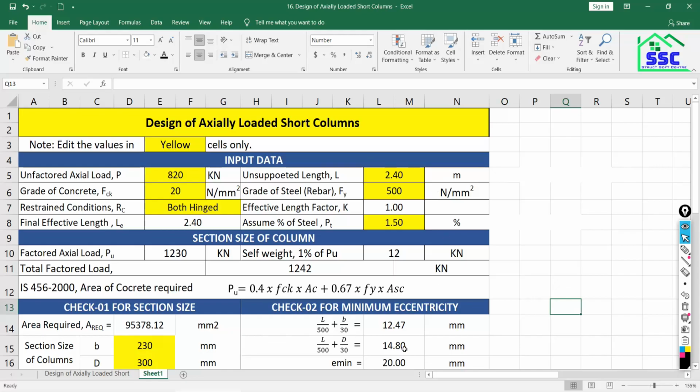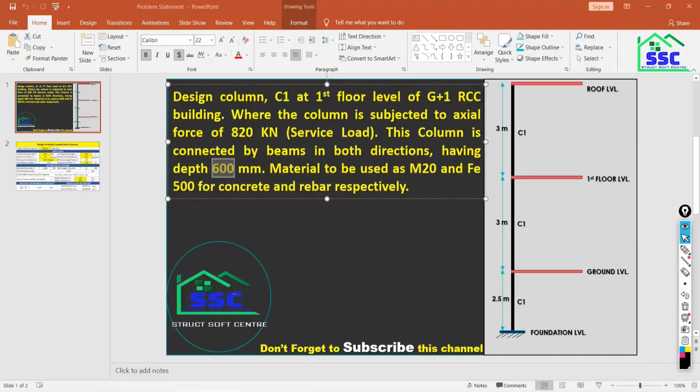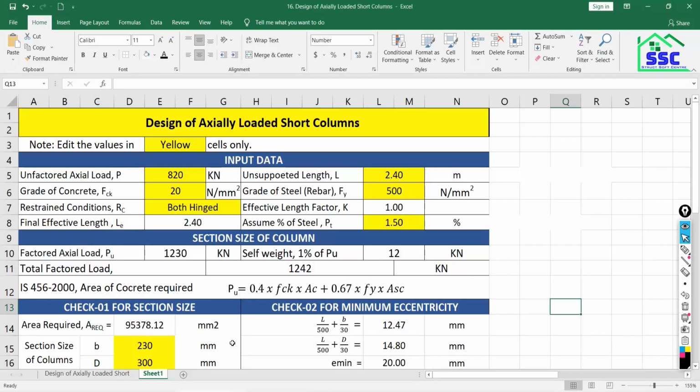In the given example, the total length of the column is given here, but in our calculation we need to put the unsupported length of the column.